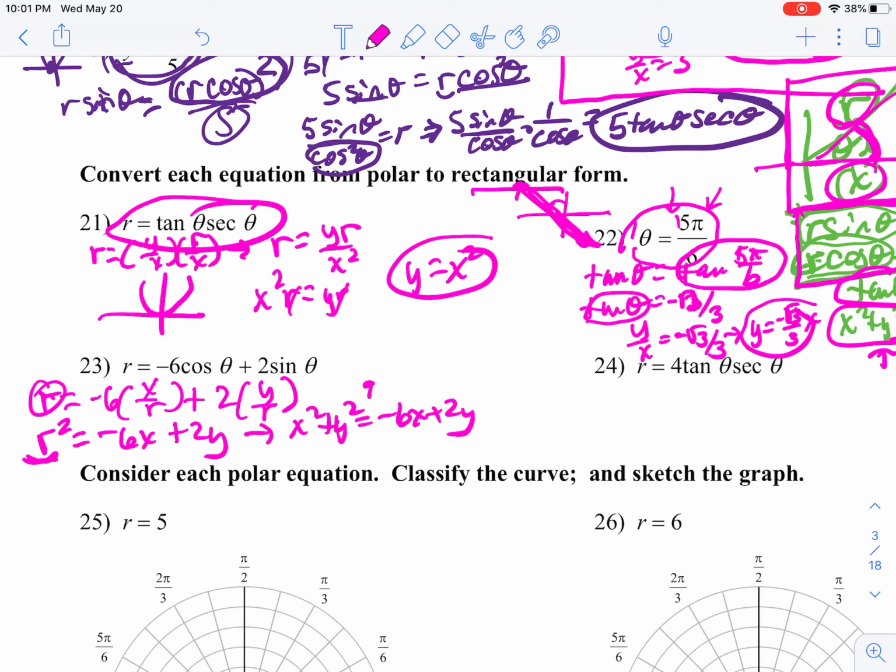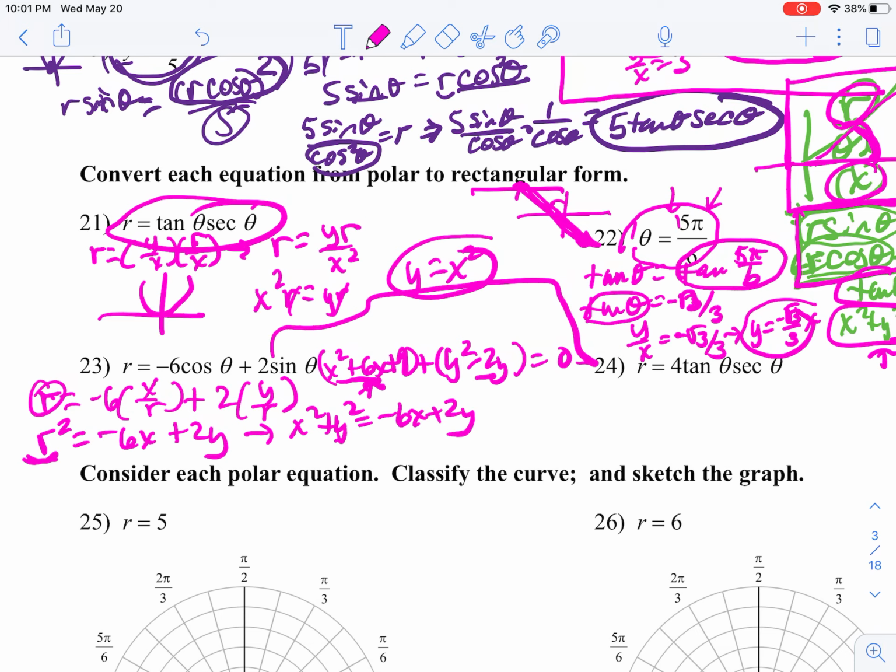Oh my goodness, it's starting to look like a circle. So I'm going to go up here with it. We'll work up into here since I don't have much space on this worksheet. So now I'm going to get it equal to 0. x squared plus 6x plus y squared minus 2y equals 0. I'm going to complete the square.